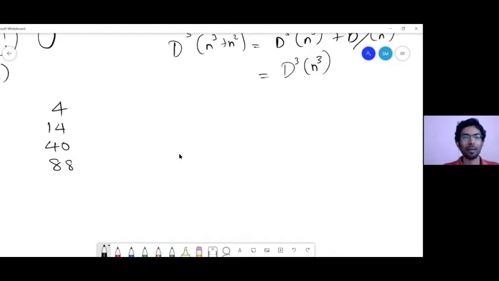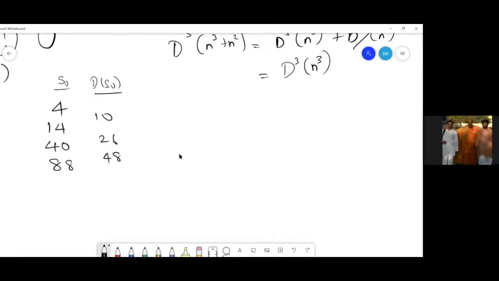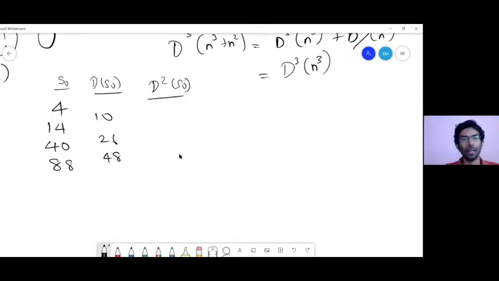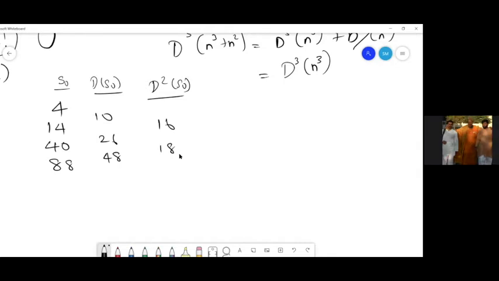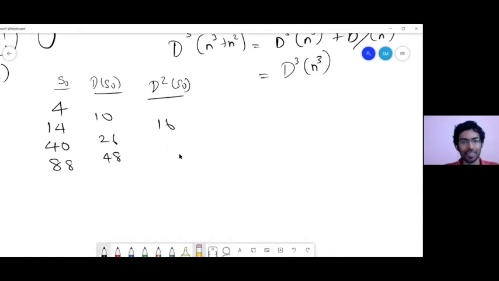Now if you take the first order difference, you'll get 10, 26, 48, 76. The second order difference would be 16, 22, and next is 28, right? So d cube of s naught would be 6.